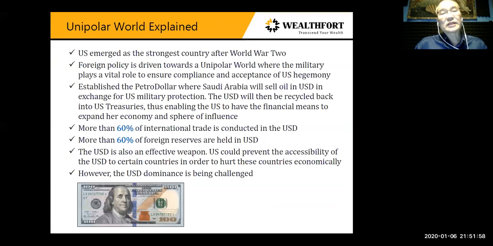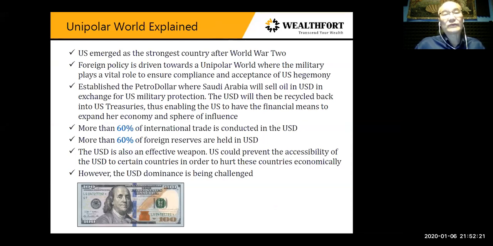Now, signs of monetary reset. Let's talk a bit about the unipolar world. I think many of you might not have heard about what the unipolar world is. It has a lot to do with the emergence of the US as the strongest country after World War II. Foreign policy is driven towards a unipolar world where the military plays a vital role to ensure compliance and acceptance of US hegemony.